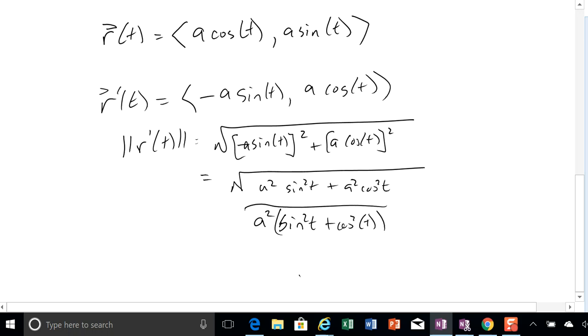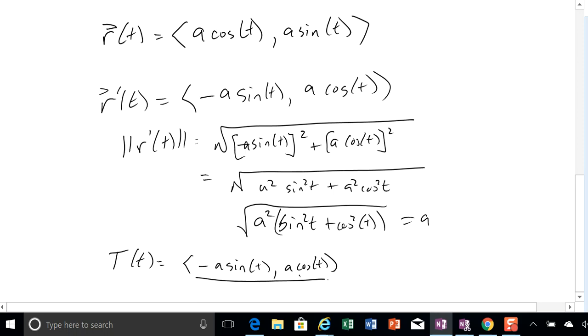I lost the negative sign because I squared it. And that just simplifies down to a. So my unit tangent vector would be the derivative divided by its magnitude: minus a sine t, a cosine t, divided by a. So it's just minus sine t, cosine t.